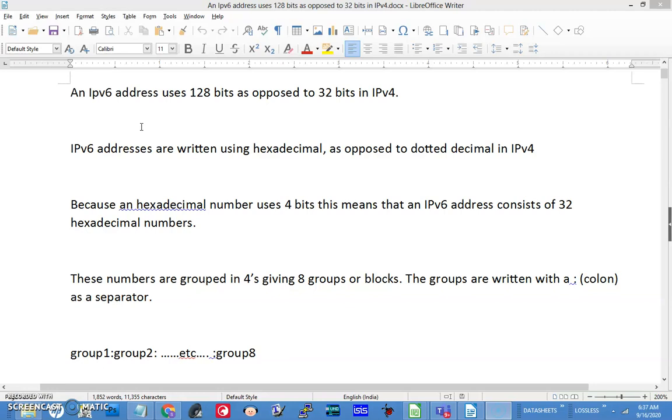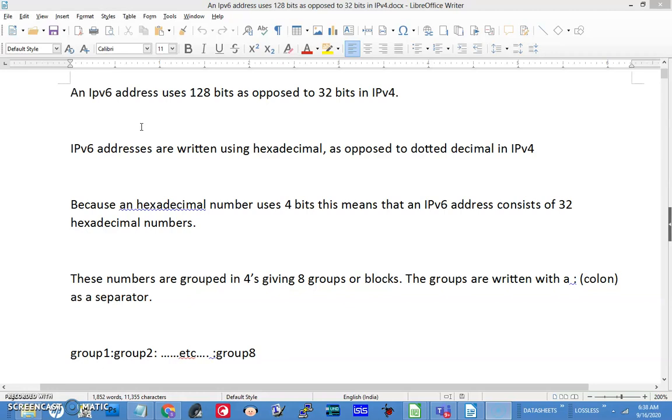That is how IPv6 came into existence. IPv6 addresses are 128 bits long. It is said that IPv6 has sufficient addresses to be assigned to every grain of sand on the earth. That shows how huge the address space is.